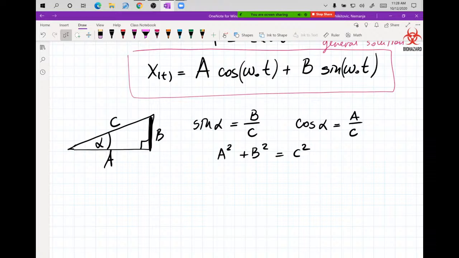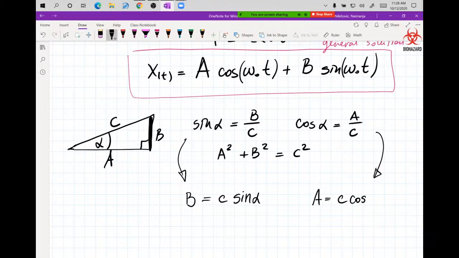Wow. So from this equation I can write that B is equal to C sine alpha, and from this equation I can write that A is C cosine alpha, and I can plug those in.